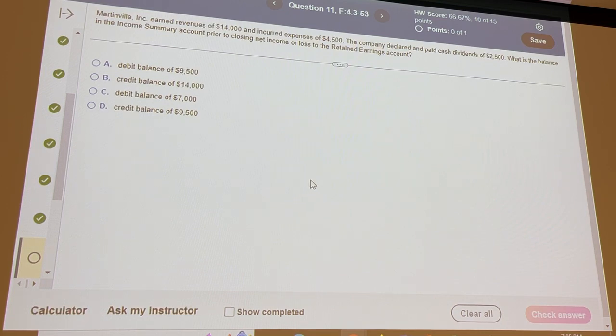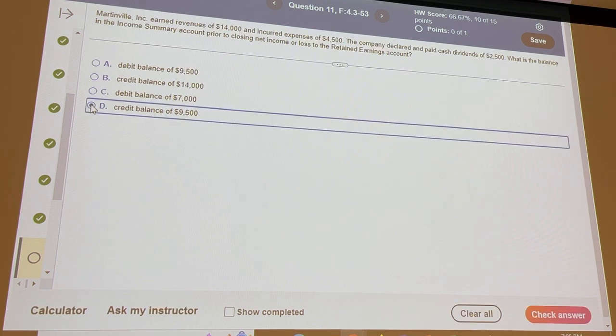Credit balance of $9,500. Yes, good. Notice the dividends don't have anything to do with it. It's not part of the way you compute the net income.